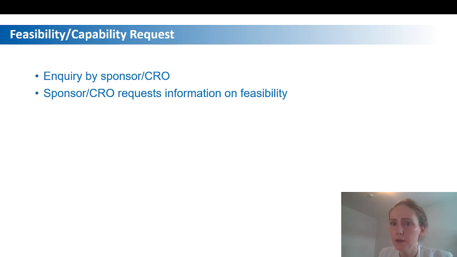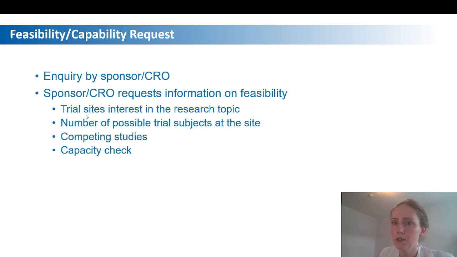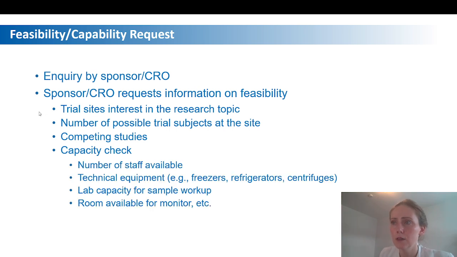The feasibility request is used to gather detailed information about a trial site to learn if it is suitable to conduct the trial. This includes multiple points. The trial site should demonstrate general interest in the research topic and have experience in conducting similar trials. It should have access to a sufficient number and diverse subject population relevant to the trial.